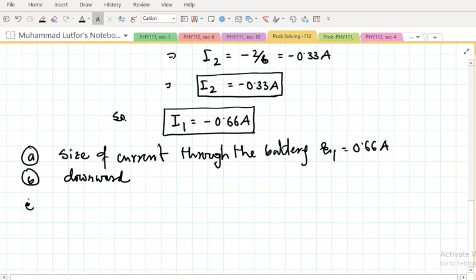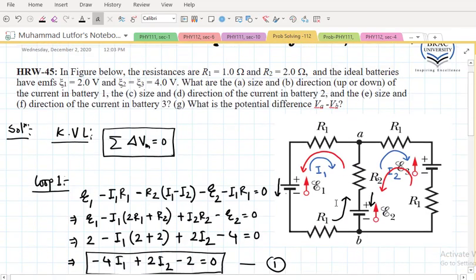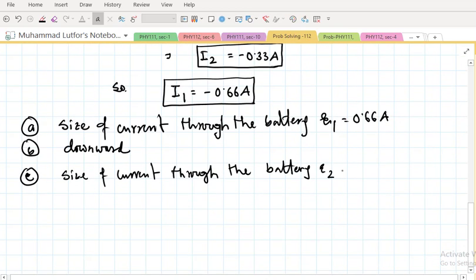So what I'm going to write: the size of current through the battery E2 would be I1, which is actually 0.66, I took only the size, minus 0.33, which would basically be 0.33 ampere, and the direction would be upward, right?